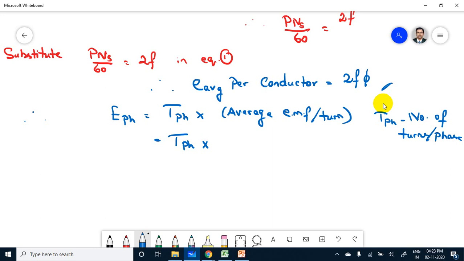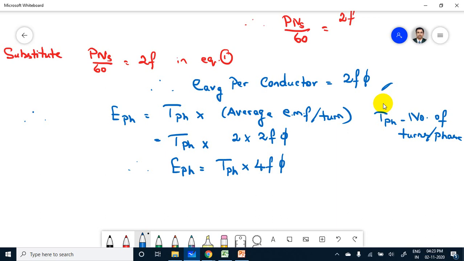This is the average EMF per conductor, but per turn it is 2 into this 2F φ. Therefore, E phase is equal to T phase into 4F φ.